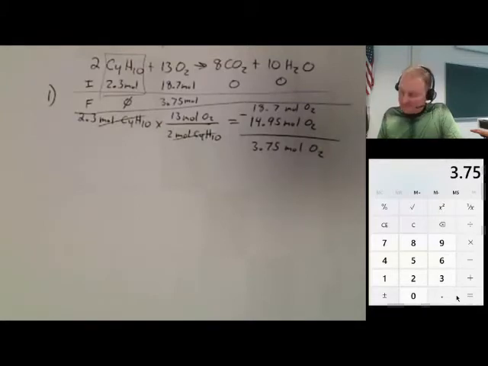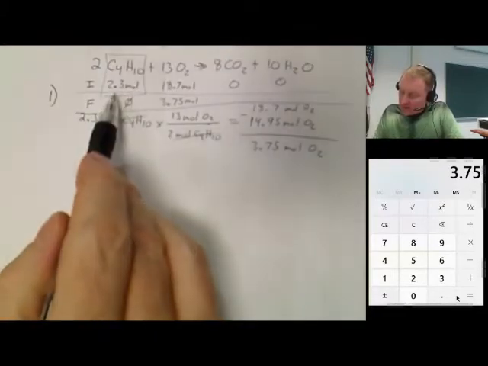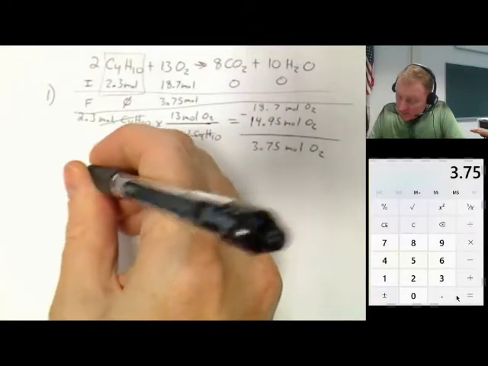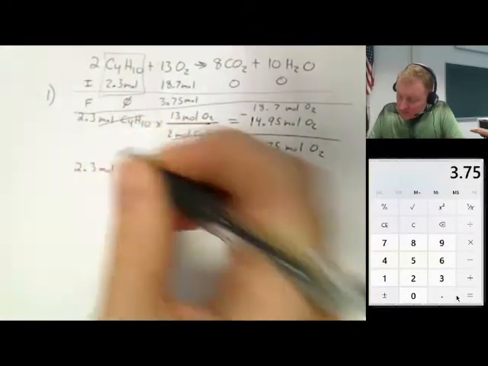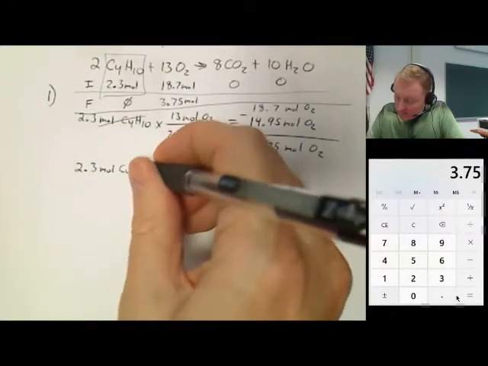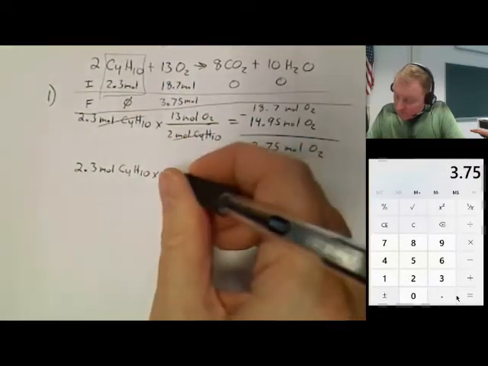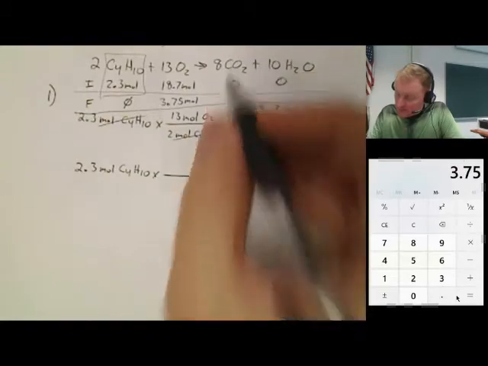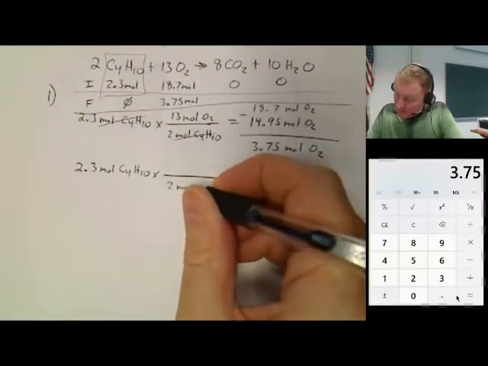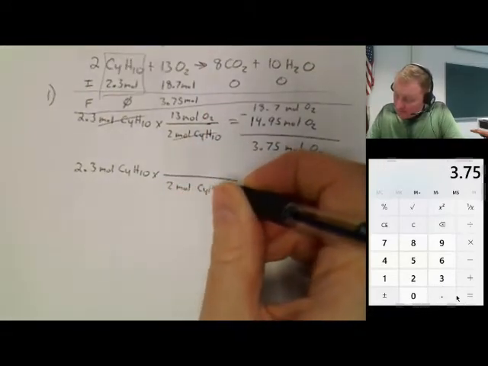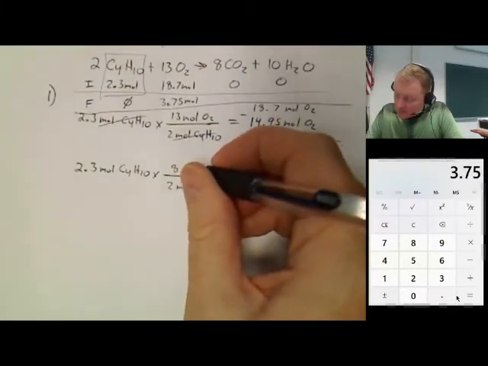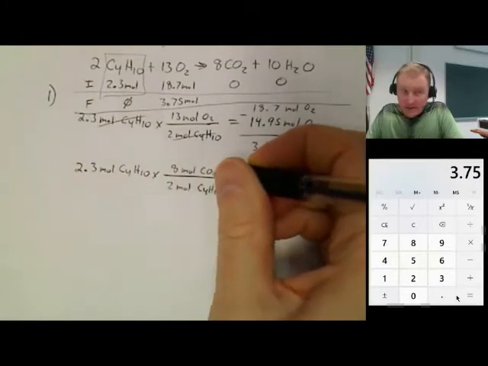That's better. All right, so now that I know that the butane is our limiting reactant, I'm going to use that to figure out how much carbon dioxide and water are going to be formed. So we're going to say 2.3 moles of butane, C4H10, will produce, let's do carbon dioxide. For every 2 moles of butane, it's going to create 8 moles of carbon dioxide.